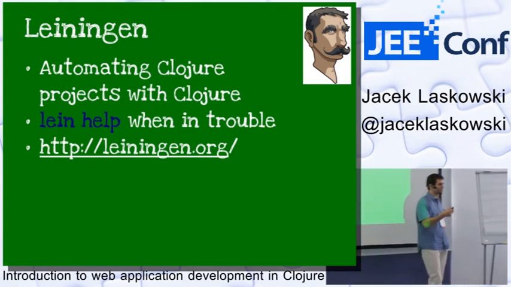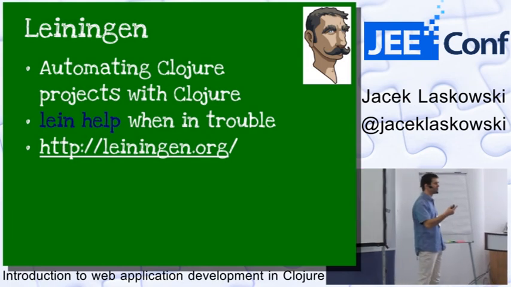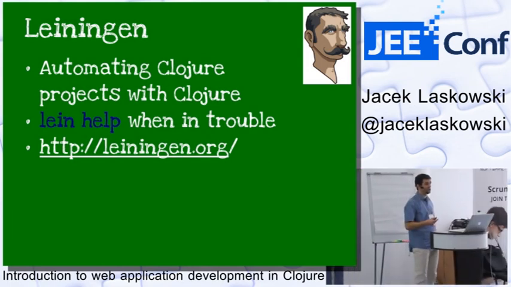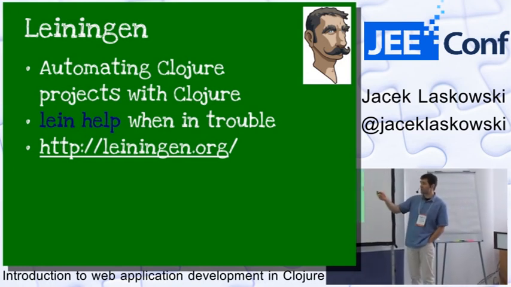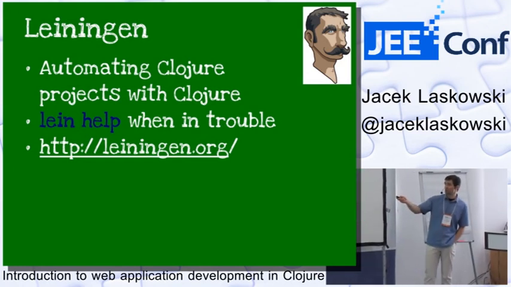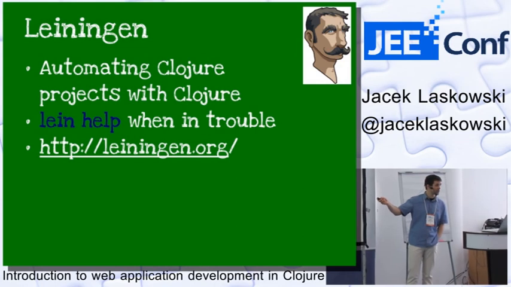So SBT in Scala, Gradle. Oh, rake in Ruby. Okay, there are a few more. So leiningen is the tool to automate Clojure projects, and it's written in Clojure, and you use Clojure to configure your project.